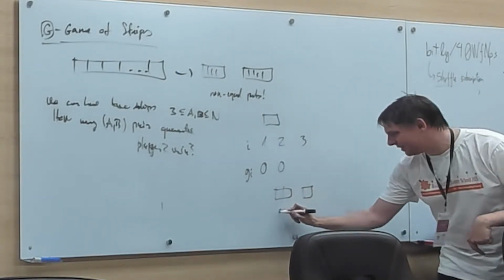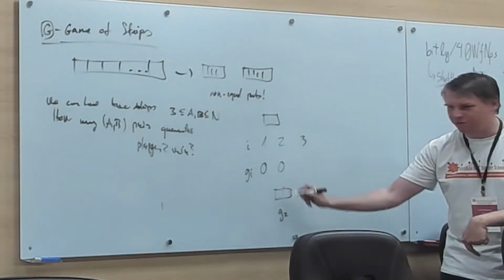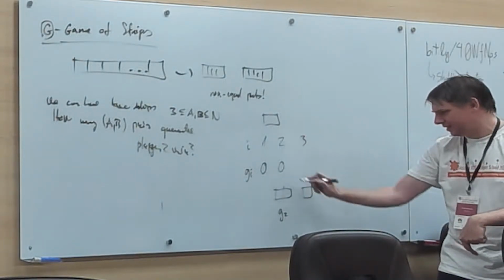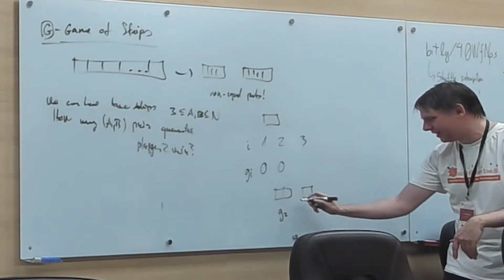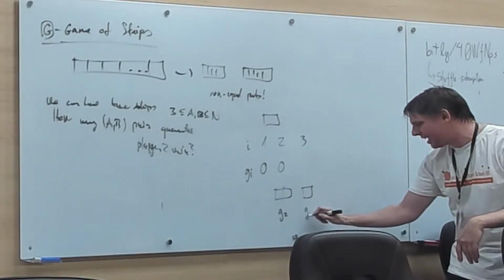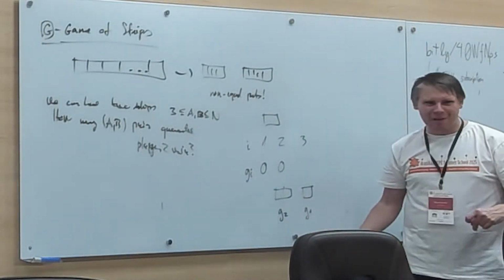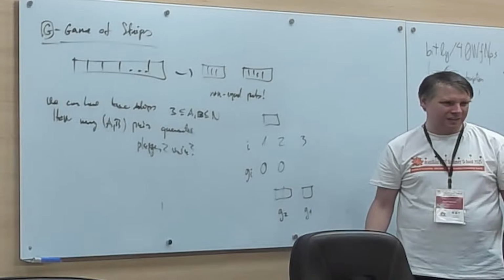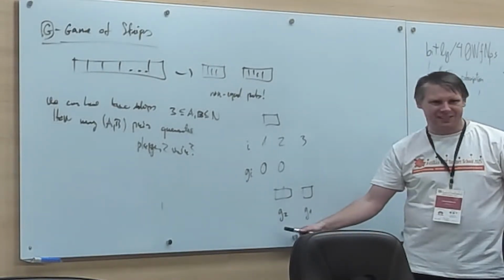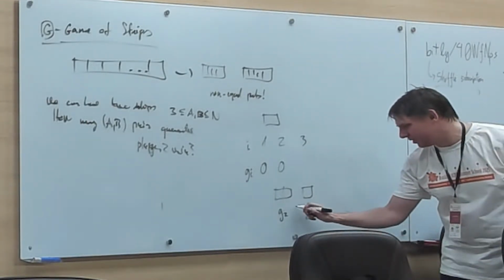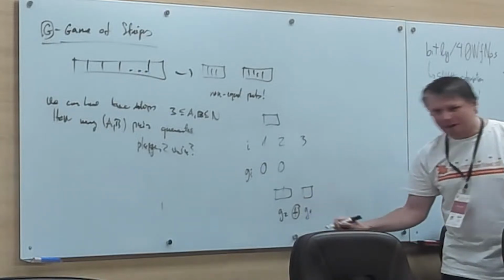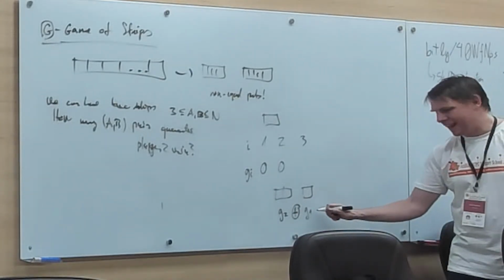So to calculate it, you take g_2, the value corresponding to the length 2 strip, and the game corresponding to the length 1 strip. And if you have a bunch of independent games, the Sprague-Grundy theorem states that the corresponding value of the game will be the XOR of these two values.